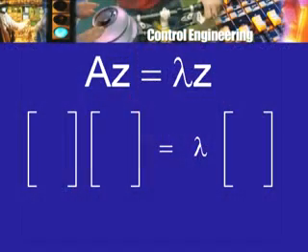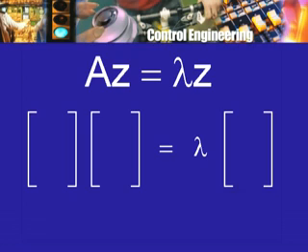Given the matrix A, one says that a vector, let us say Z, a constant vector Z of appropriate size, is an eigenvector of the matrix A corresponding to an eigenvalue lambda if the following equation holds. A acting on Z, this is a matrix which multiplies a column vector, therefore, it produces a column vector.